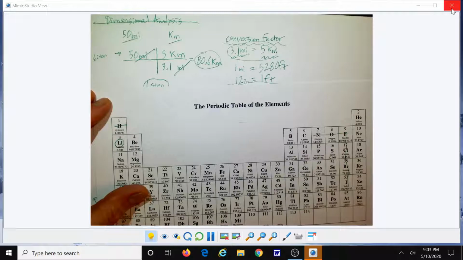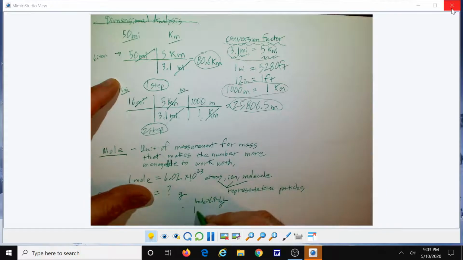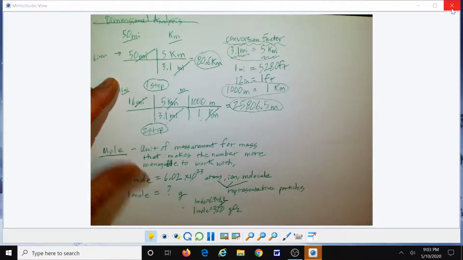So if we wanted to do, for example, oxygen, it is 15.9994, but you have to realize that 1 mole of oxygen is not going to be 15.9994 because oxygen is diatomic. Instead, it's going to be twice the amount. It's going to be like 32.0 something. So it's going to end up being double. You have to multiply it by 2.